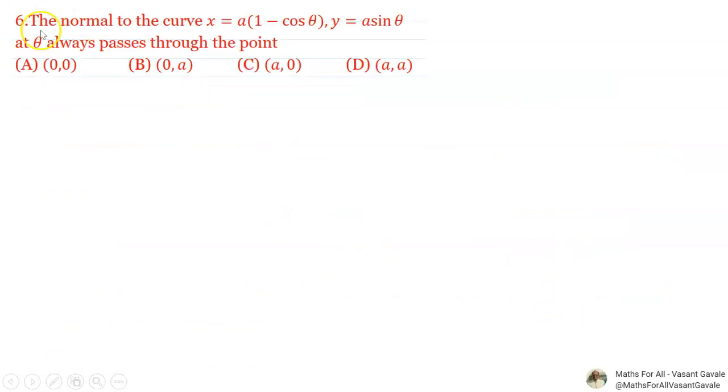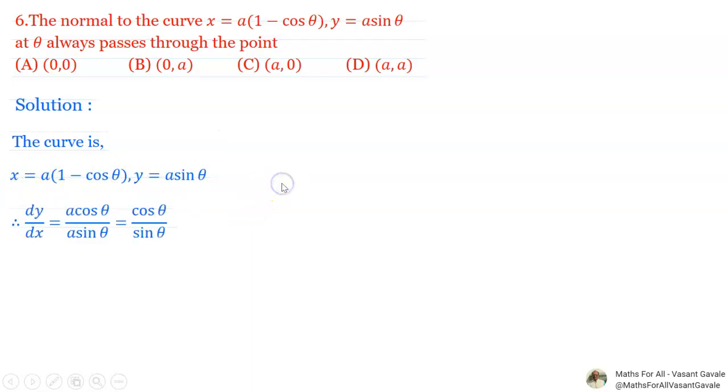Next problem. The normal to the curve x equals a times (1 minus cos theta), y equals a times sin theta, at theta always passes through the point. Okay, now see this here, the given curve x equals a (1 minus cos theta), y equals a sin theta.